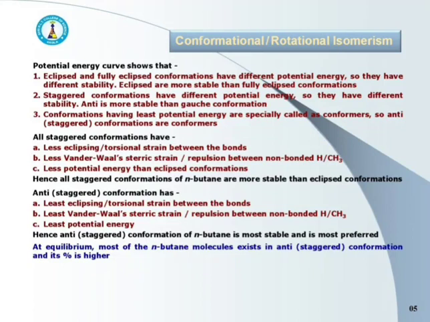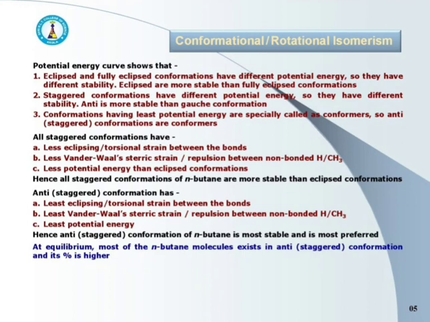Secondly, staggered conformations have less van der Waals steric strain, that is repulsion between non-bonded hydrogen atoms and CH3 groups. Here hydrogen atoms or CH3 groups are far apart from each other, so repulsion is very much less, and hence van der Waals steric strain is also less.